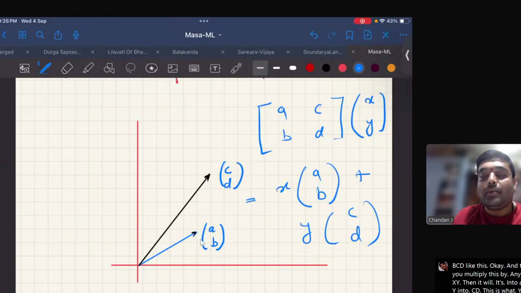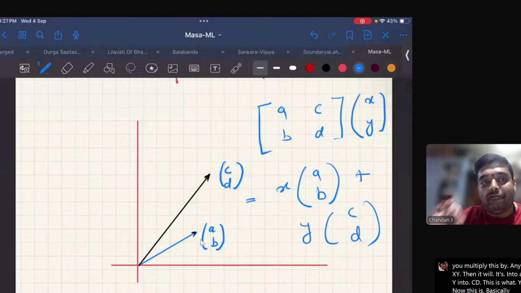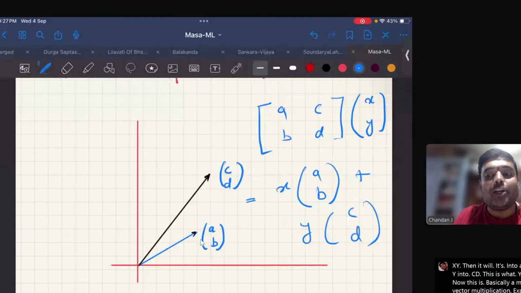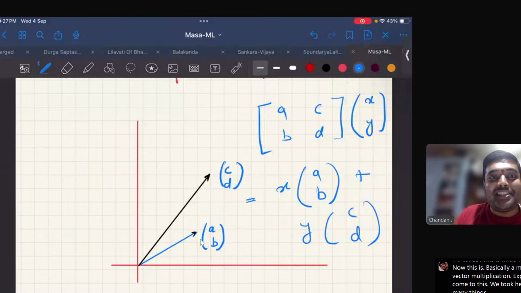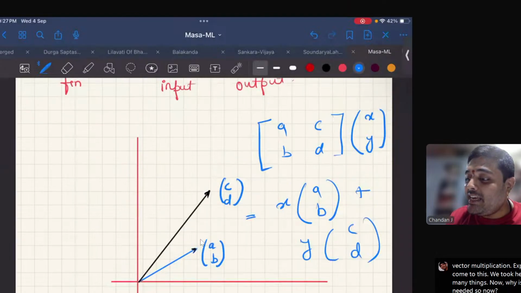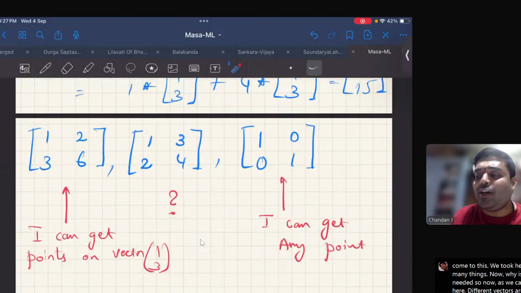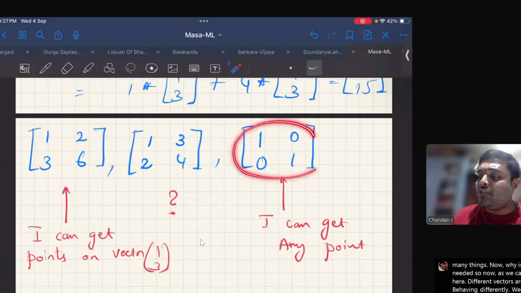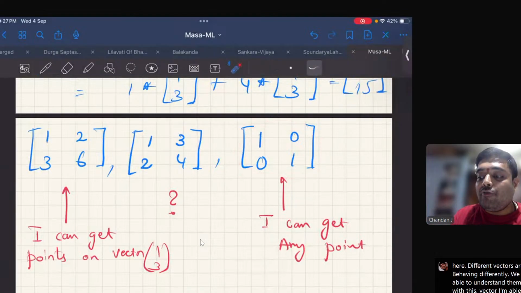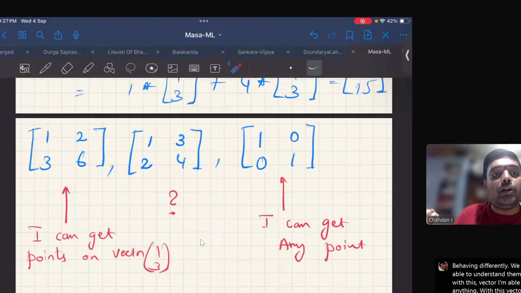Now, this is basically a matrix vector multiplication explained. To come to this, we took help of so many things. Now, why is this needed? As we can see here, different vectors are behaving differently. We are not able to understand them. With this vector, I am able to get anything. With this vector, I'm able to get only the points on a line.